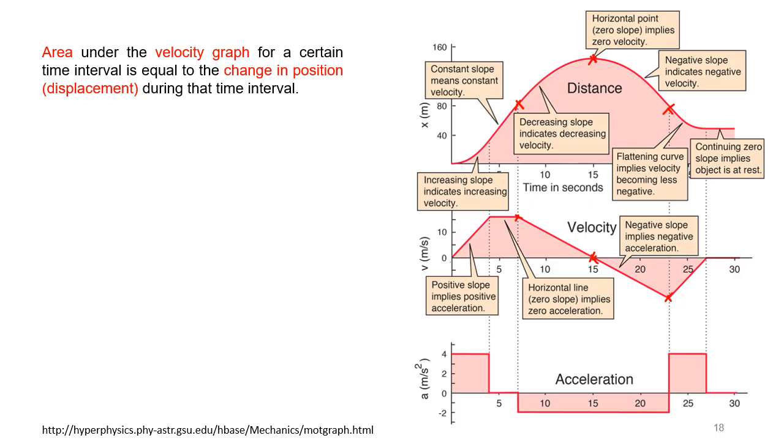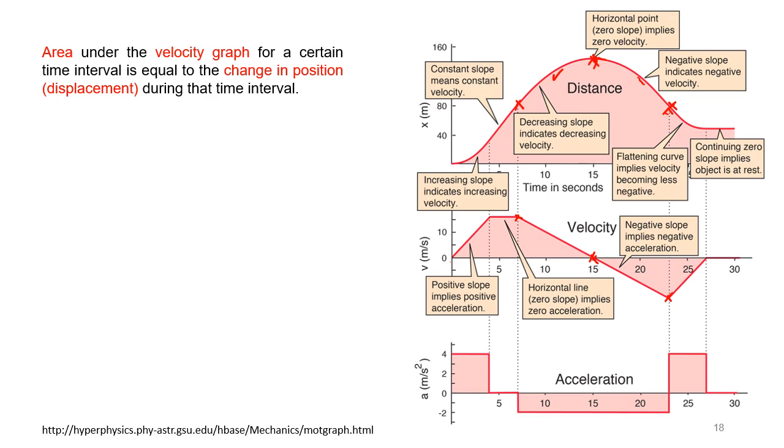It has negative velocity. That means it is moving in the opposite direction. This part from here it is moving in the opposite direction. So up to here it's a positive slope, but its value is decreasing. From here to here it is a negative slope.